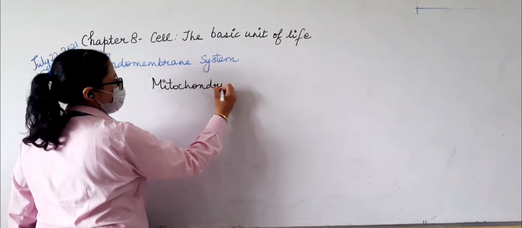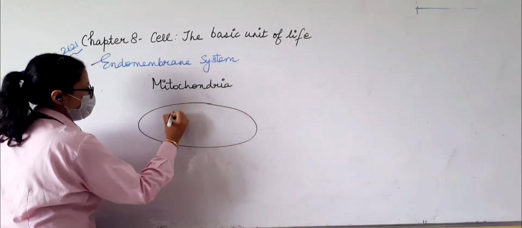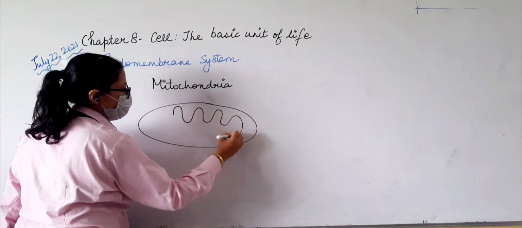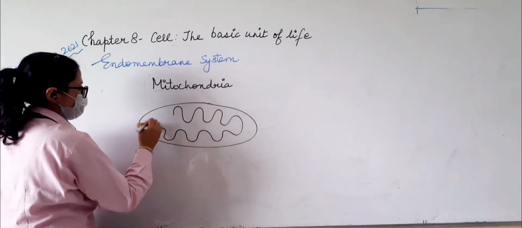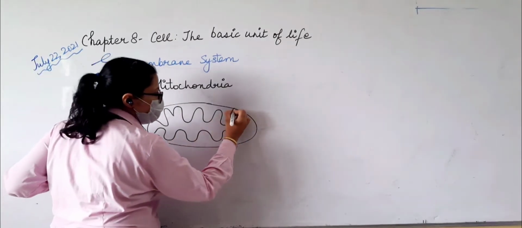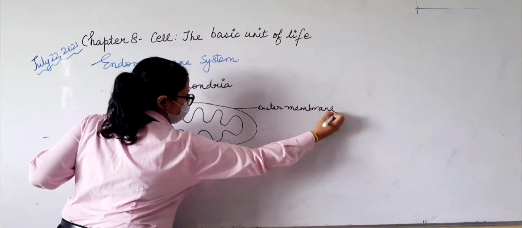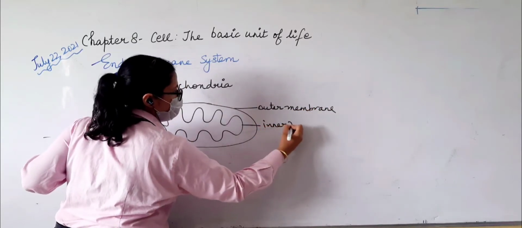Mitochondria. Let us look at the structure first. It has an outer membrane and an inner folded membrane. So inside this mitochondria, there is this outer membrane first of all. Then this is the inner membrane.